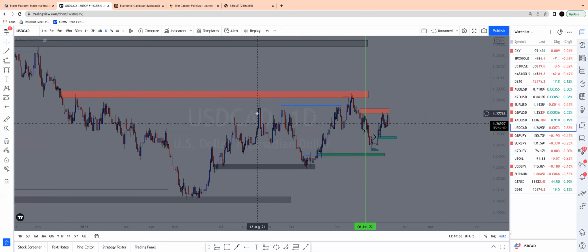So all this range between 1.2941 to 1.2047 on a daily time frame shows you what the range has been for this currency pair from December 2020 to May 2021.